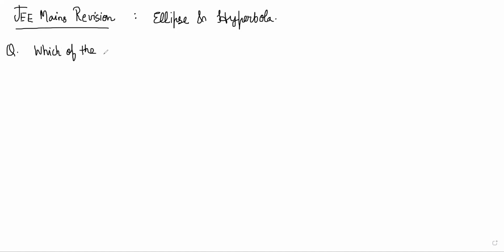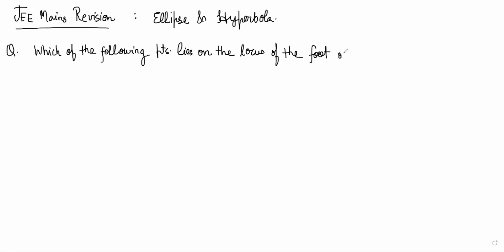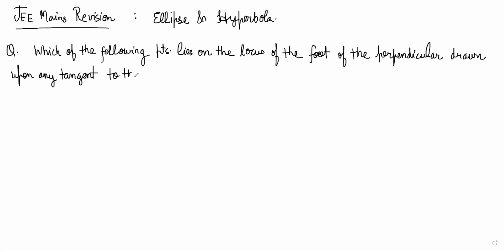Which of the following points lies on the locus of the foot of the perpendicular drawn upon any tangent to the ellipse x squared by 4 plus y squared by 2 is equal to 1 from any of its foci.